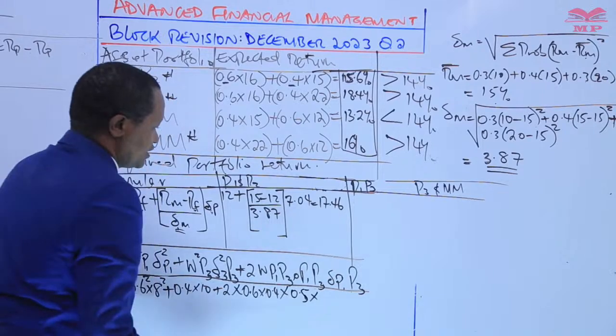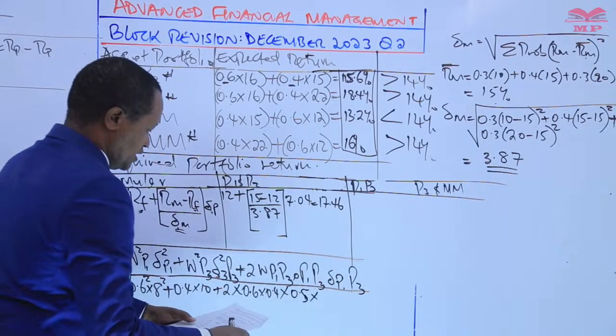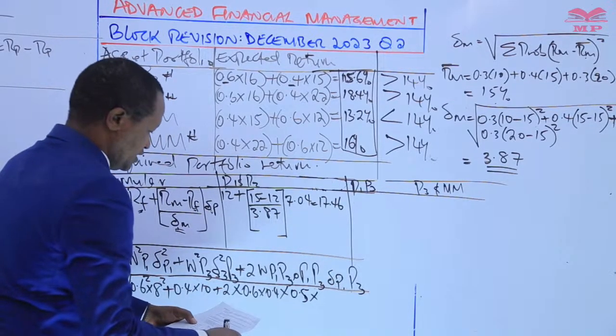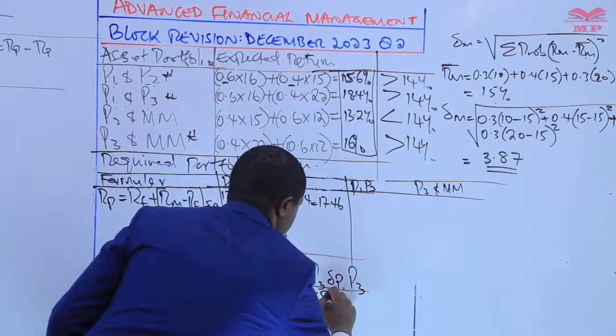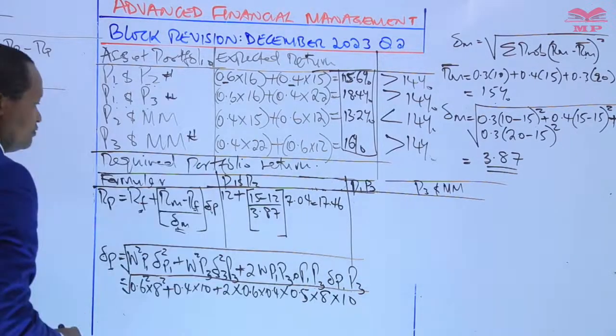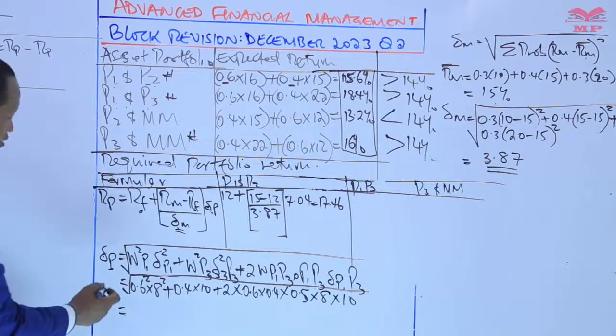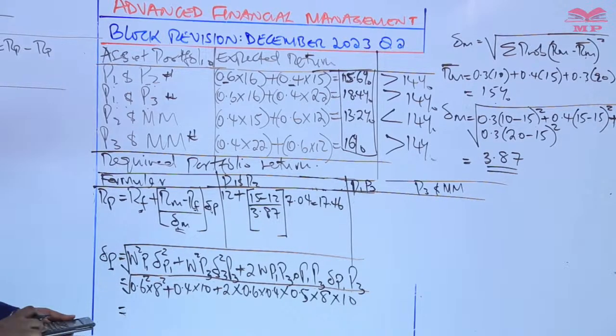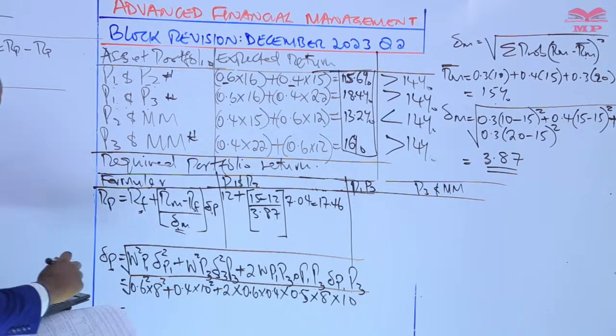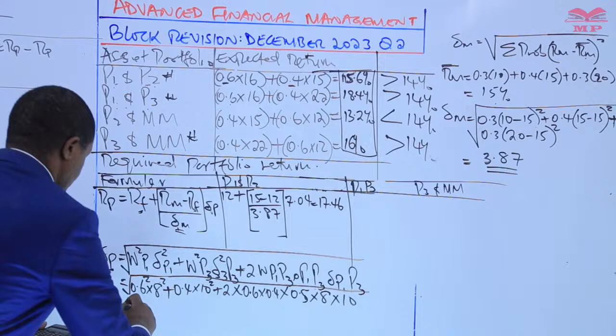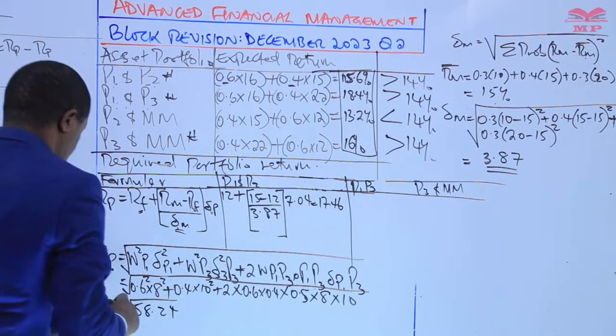Then times the standard deviation of P1 and P3, that is 8 times 10. That is going to give us the amount that we require there, which is equal to 58.24. Get the square root.